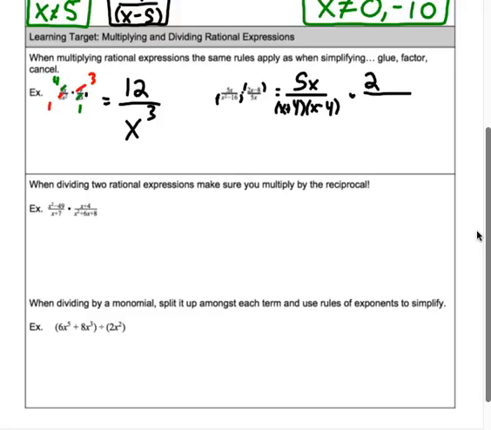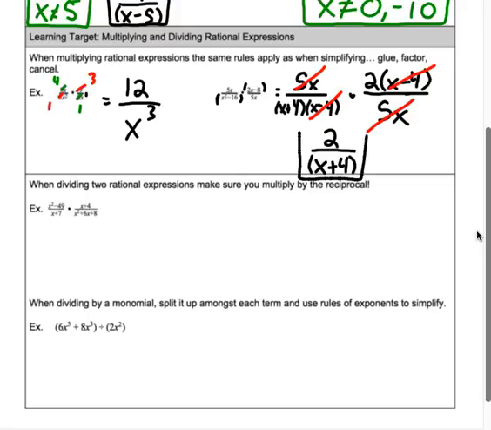Okay, a greatest common factor of 2. So let's see what we have in common this time in order to simplify. So I see the x minus 4's, the 5x's. So in this case, the only thing that doesn't is the 2 and the x plus 4.